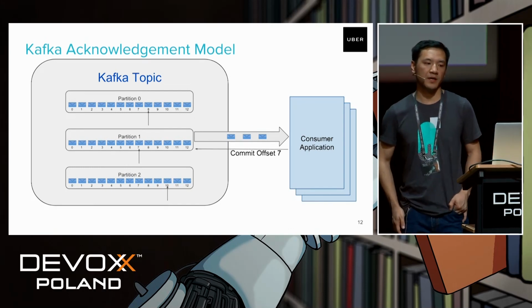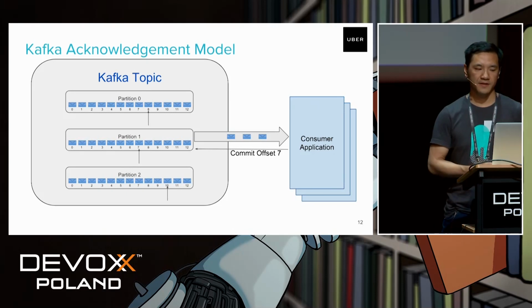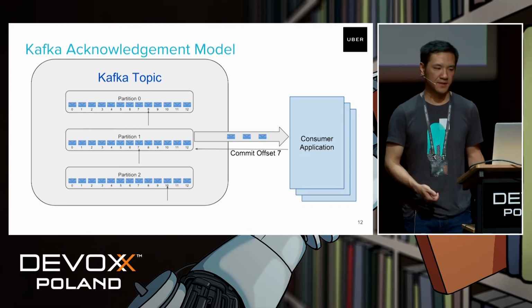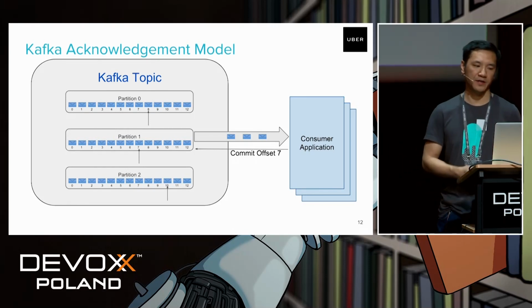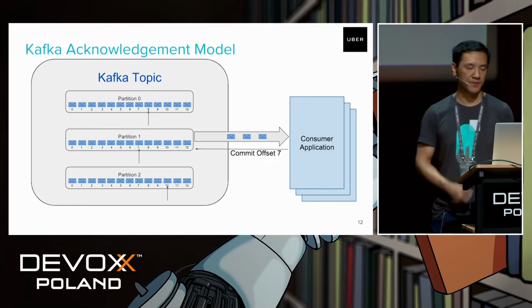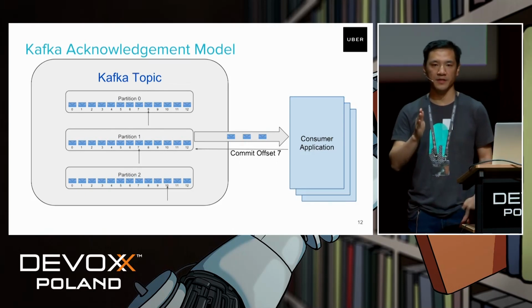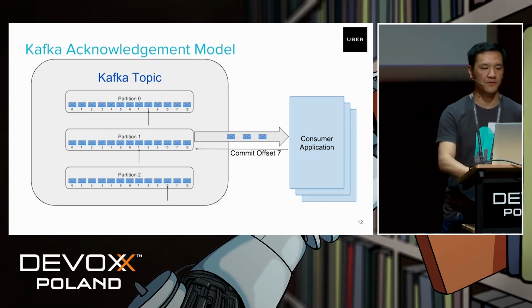Consumers can only commit the offset to this assigned partition. Offset is a unique ID for each individual message in this partition. So we are keeping track of a pointer for the progress of the consumer.